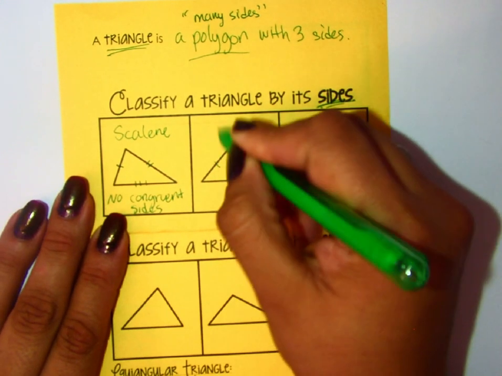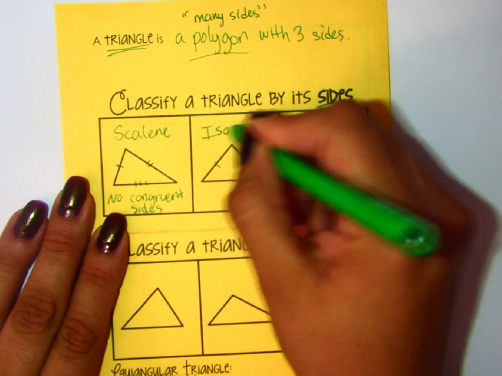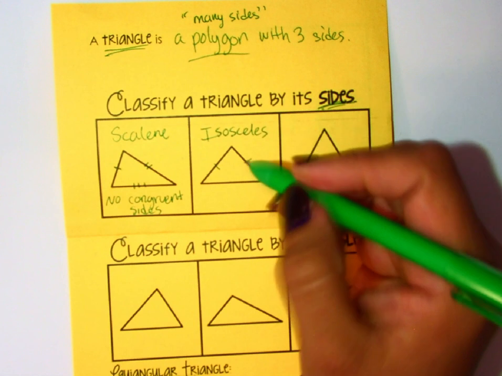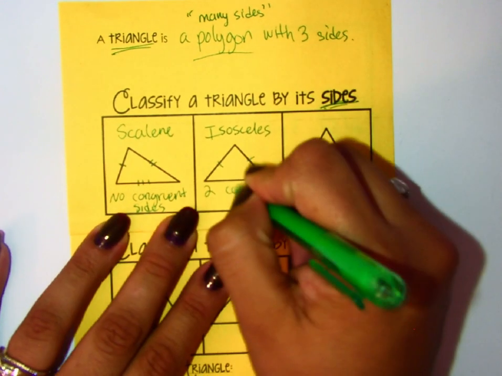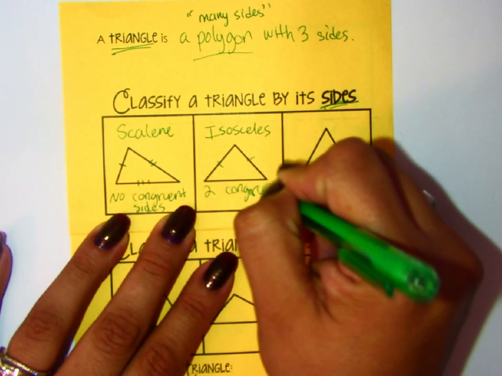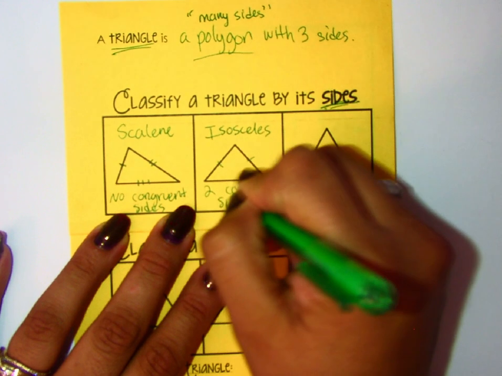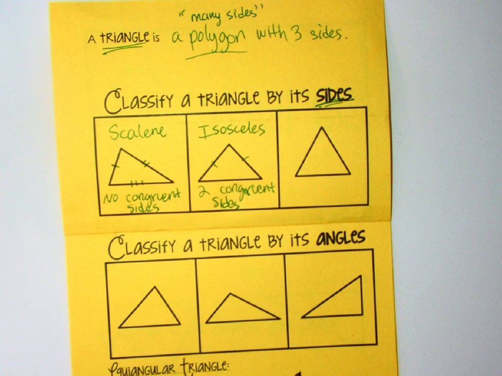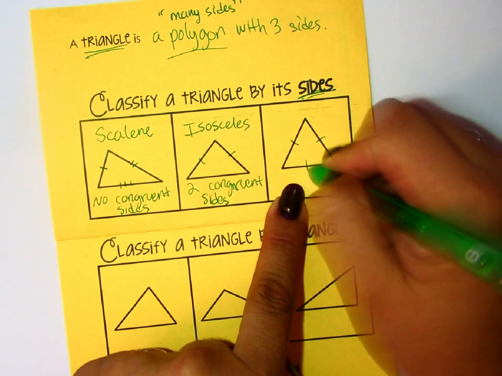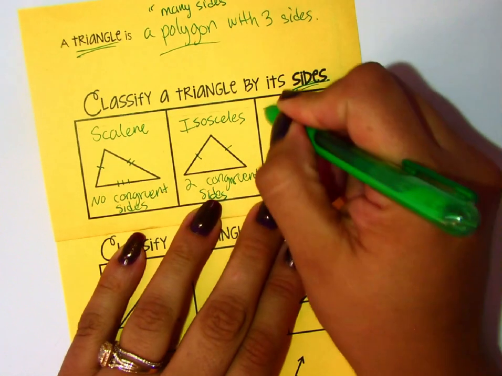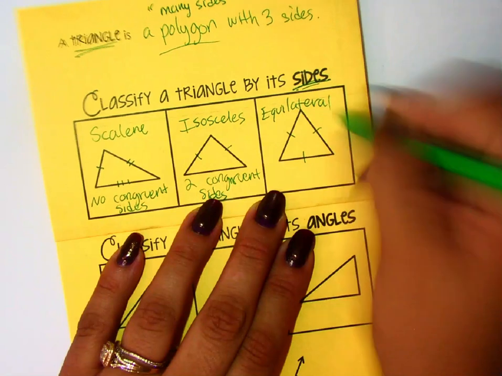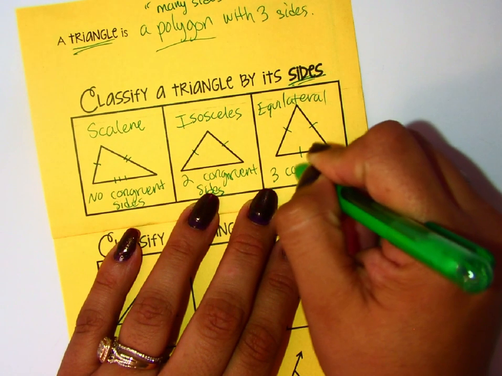Therefore, this is an isosceles. And we're going to write two congruent sides. This third triangle is one that has all three sides the same. So this is the equilateral. Three congruent sides.